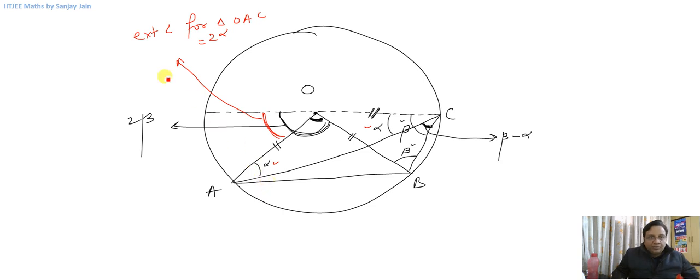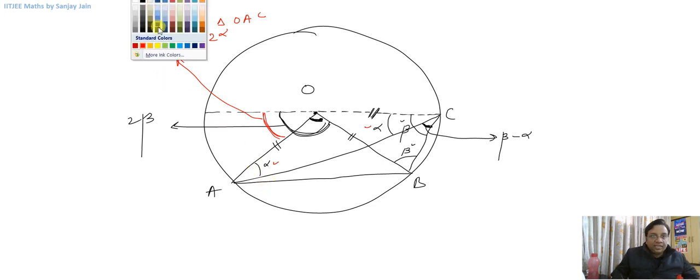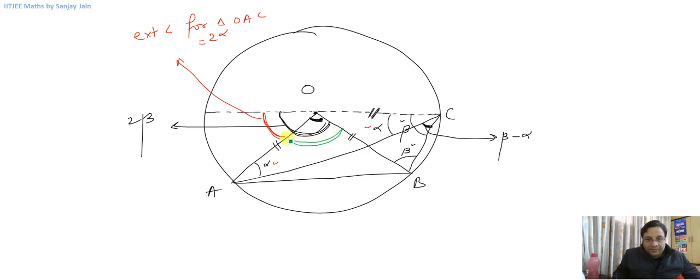So the angle in question, that is the angle subtended at the center, will be the difference of 2 beta and 2 alpha. So it will be equal to 2 beta minus 2 alpha. And what will be the angle subtended at the circumference?